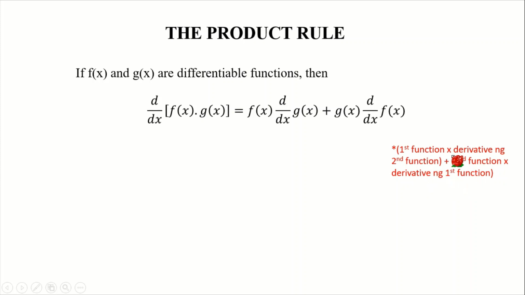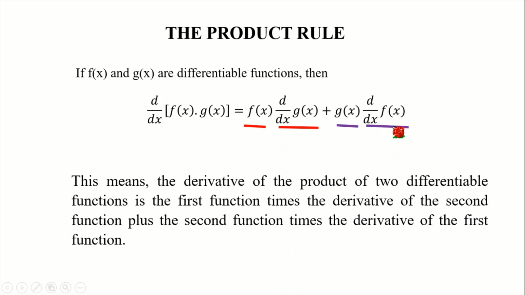Or in other words, yung product ng ating first function at derivative ng second, i-add natin sa product ng second function at derivative ng first function. Right? So, ito yung first function natin, i-times natin kay derivative ng second function, then i-add natin sila sa product ng ating second function at derivative ng first function, right?